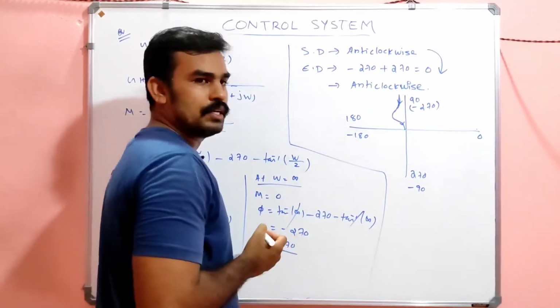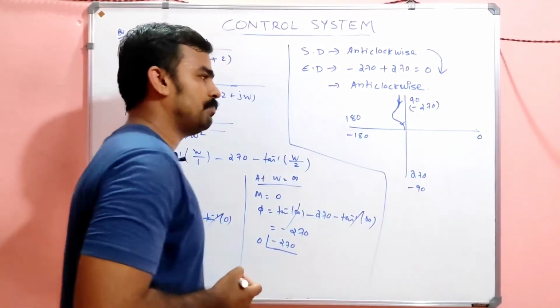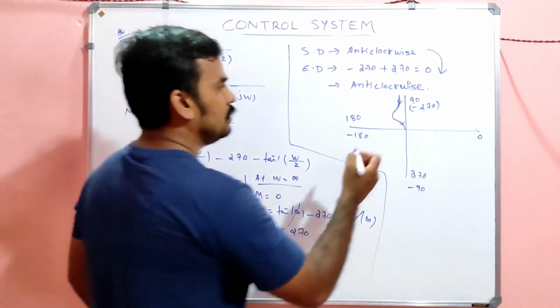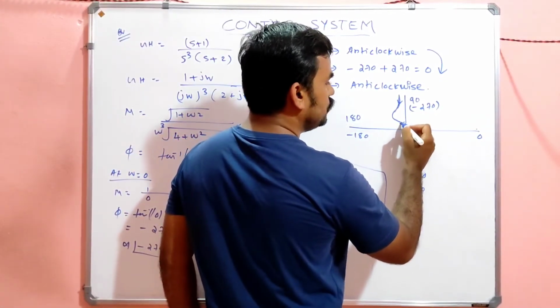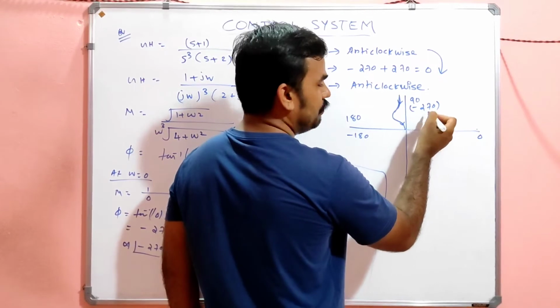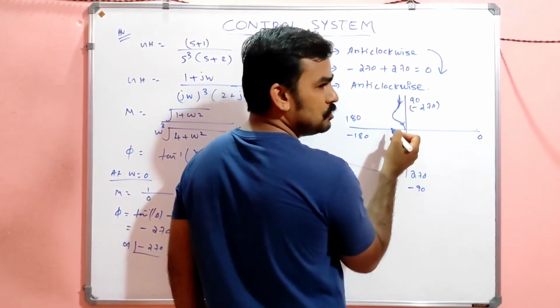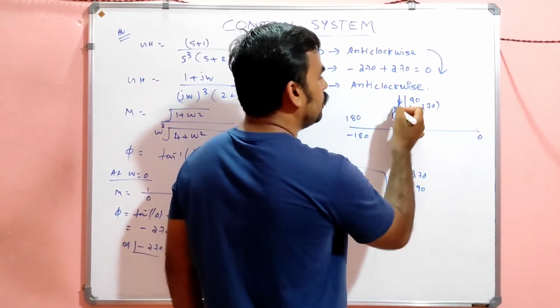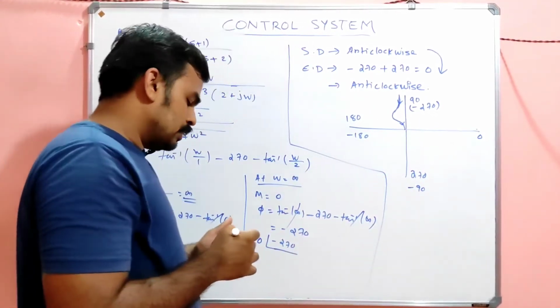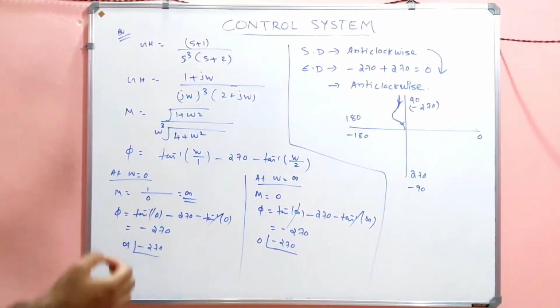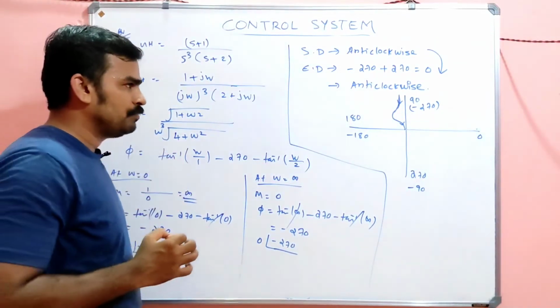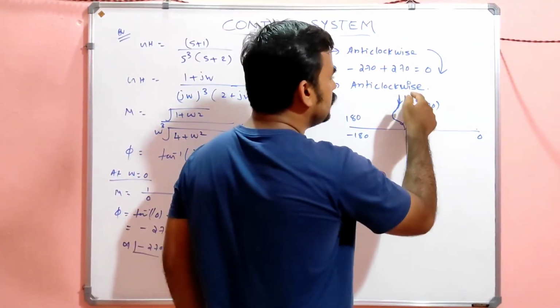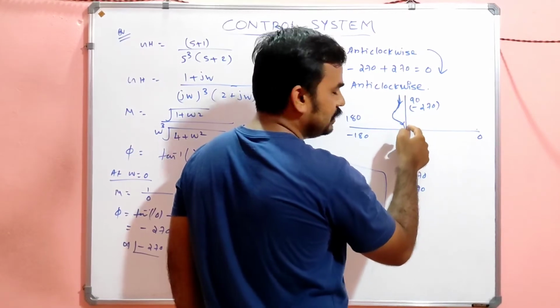Same anti-clockwise direction. This is the structure of the plot. It starts from minus 270 and ends at minus 270 in the anti-clockwise direction. You may have a genuine doubt: sir, why didn't you take it from this direction and come to this direction?